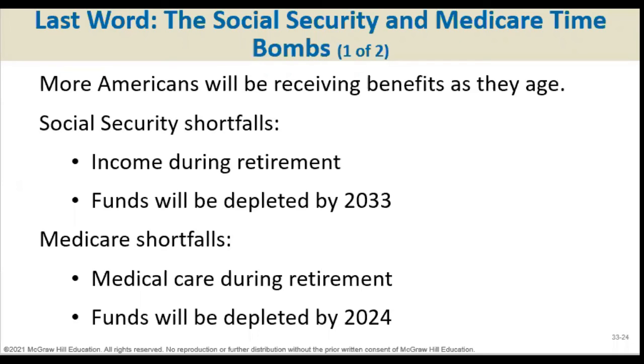And how we fund Social Security: half of the tax that funds Social Security is paid by the individual, 6.2%, and the other half, another 6.2%, is paid by the employer. The Medicare program is the health care program for people age 65 and older in the United States. And how we fund it: 1.45% paid by the individual and another 1.45% paid by the employer.